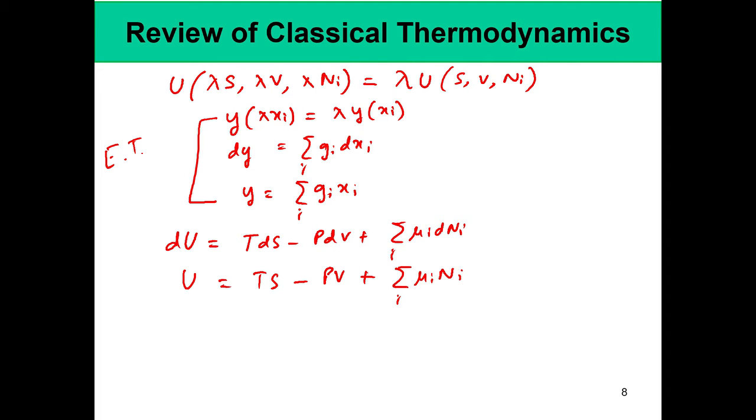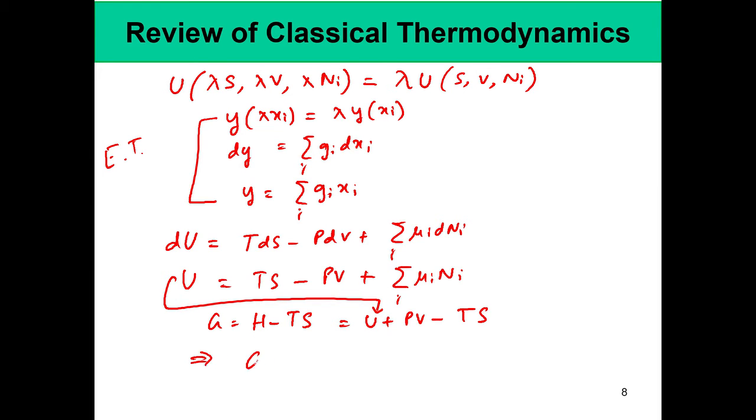Okay. And now, we can use this to substitute in the Gibbs free energy. G is equal to H minus TS, which is equal to U plus PV minus TS. So, we can substitute this here, and this implies G is equal to TS minus PV plus summation i of mu_i n_i plus PV minus TS.